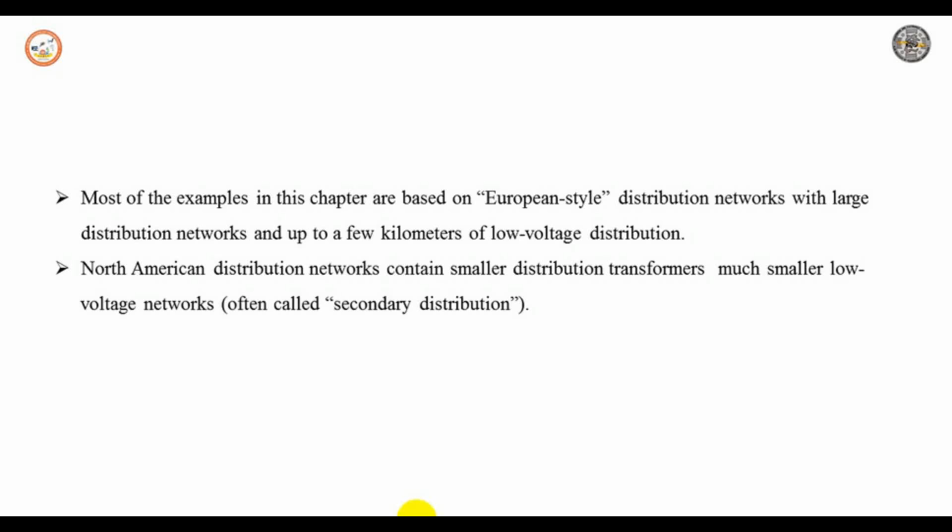With this, not going much further, I will conclude this small introductory part on voltage magnitude variation. Since it is an introductory part on voltage variation, there will be no review question and no MCQ on it.